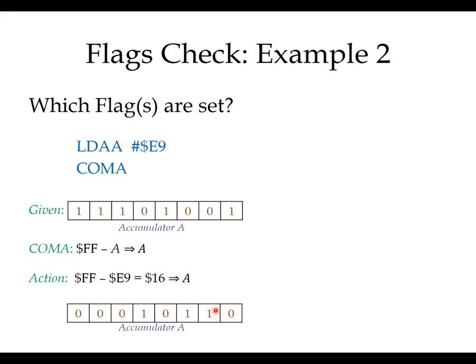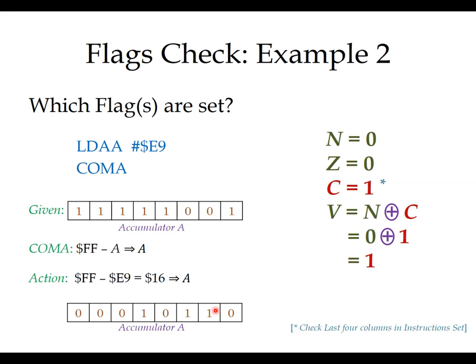Now, how do you determine what will be the flags? This is how we determine the flags. If I look at the sign bit, I know for sure this is not a negative number, right? So because this bit is 0, the N flag is 0. This is not an absolute 0, so the Z flag is also cleared, right? How do I know the carry flag?